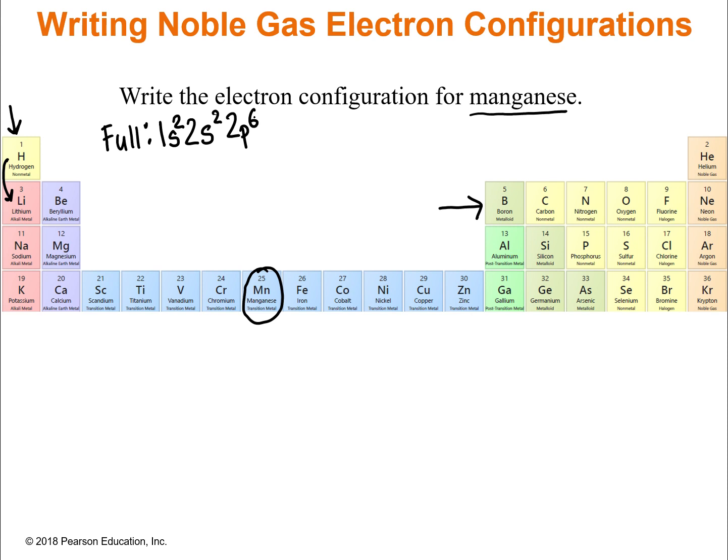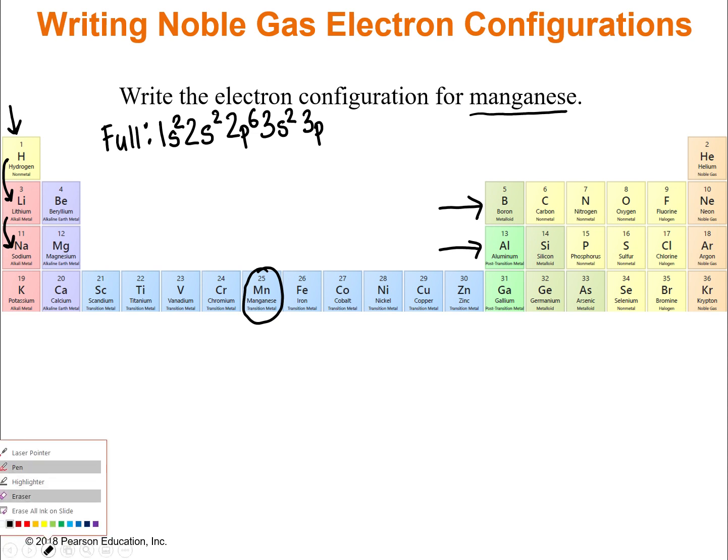We're still not even in the town that manganese lives in. So we move on to the third period. We're back in the s block, so we fill that with 2 electrons. We walk across the periodic table to the 3p, and we fill that with 6 electrons.